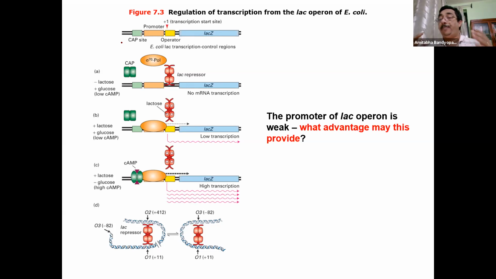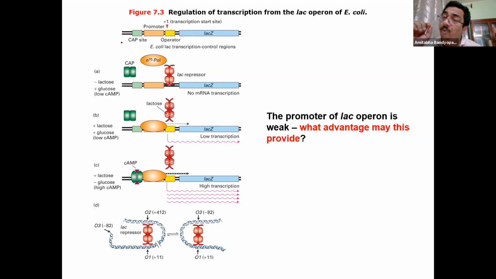Therefore, the promoter must be a strong promoter. A strong promoter simply means that RNA polymerase will be stably recruited to it. Like if RNA polymerase binds and falls off, then transcription will not happen, right? So if you can reduce the falling off of RNA polymerase, then transcription will happen at a higher rate, right?